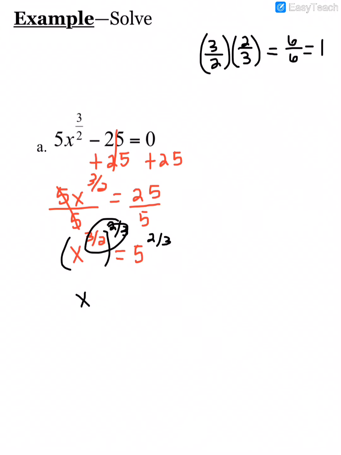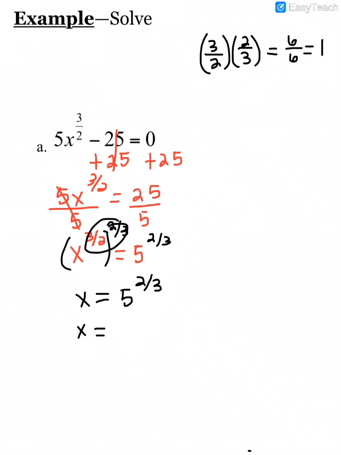It's understood to be there. So it just becomes x equals 5 to the 2/3 power. Now, we could stop here, but we always want to make sure that it can't be simplified any farther. So it's always best to go ahead and change it to a radical and see if you can simplify it.